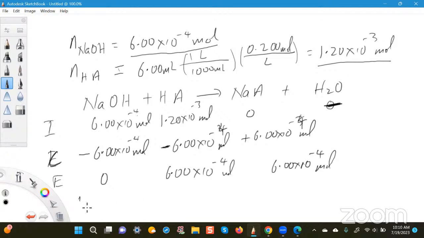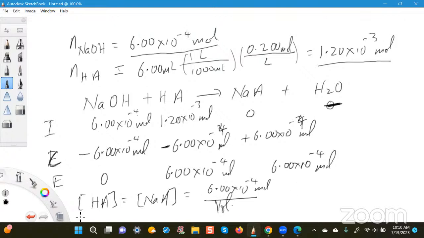Ultimately, the concentration of the acid is going to be the same as the concentration of the sodium acetate, which would be 6.00 times 10 to the minus 4 moles over the volume. And the volume would be the sum of the volumes, but it doesn't really matter whatever the volume is.